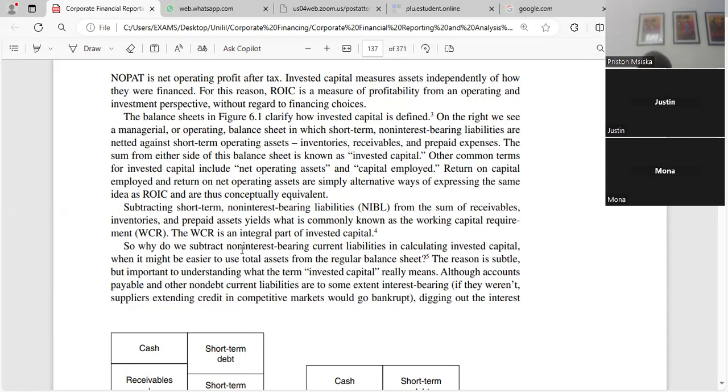Another company, sales volume of 100 million, profit 50. Which of the 2 companies is more profitable? Mona and Justin. Company A. Company A. Why? What have you done there?